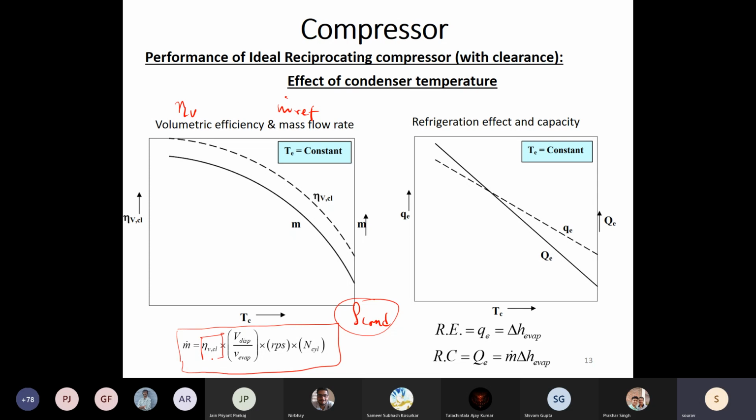It has the dependency of condensing pressure in the form of the pressure ratio. So RP is equal to PC over PE. PE is constant because the evaporator temperature is constant, so pressure is constant. Condensing temperature is varying and hence condensing pressure is varying.